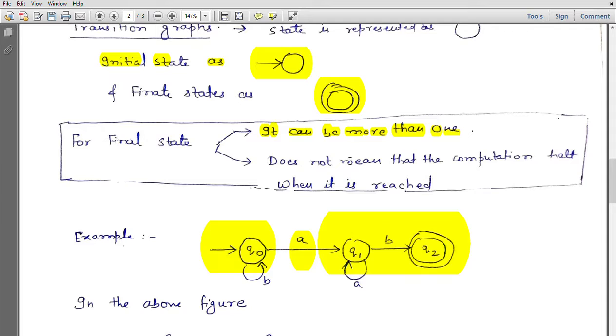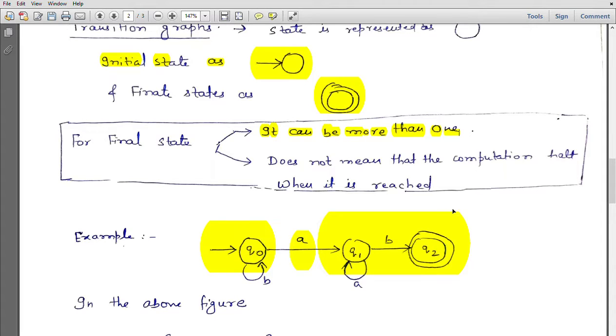So it will start reading the input string one alphabet at a time starting from the left hand side. So in that case, suppose at a certain point upon reading a certain alphabet it goes to the final state.